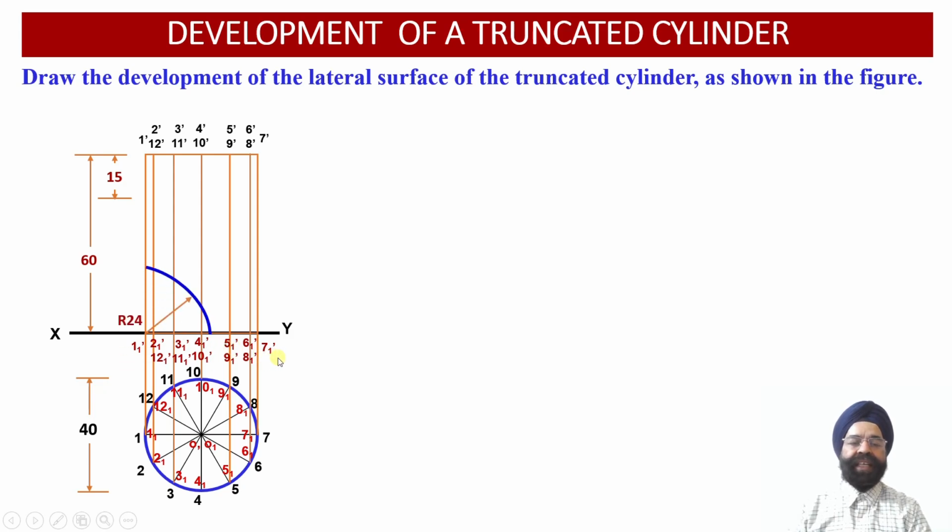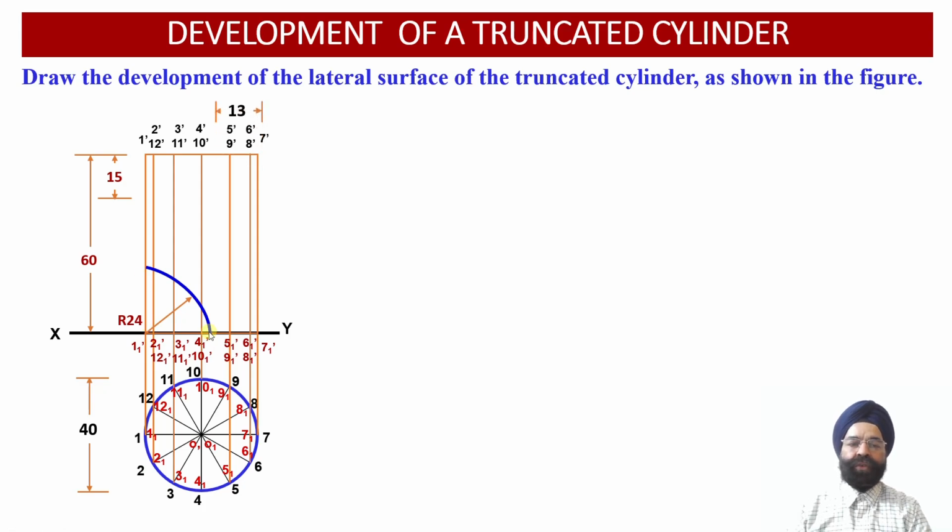Now we can see that there is one circular arc which originates from the leftmost point of the base, and this circular cutting plane has a radius of 24 millimeter. We can check how this circular arc, or the cutting plane, has intersected with different vertical generators and the base of this upright cylinder.